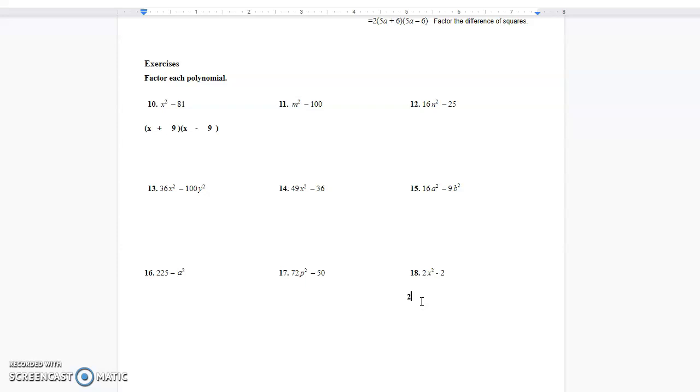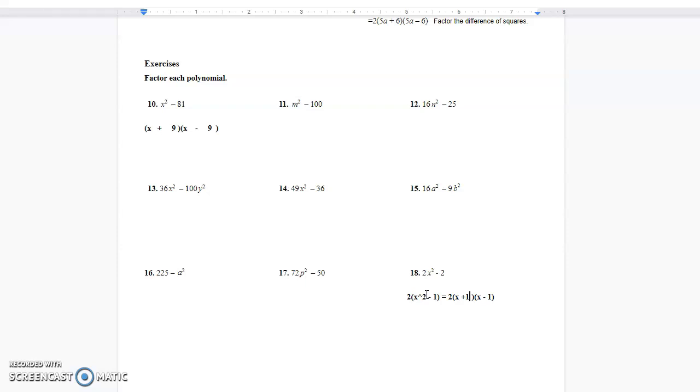That creates x squared minus 1. x squared minus 1 is, well, x squared is a perfect square. That's x. 1 is also a perfect square. That's 1. So 2 times x plus 1 times x minus 1 is the answer.